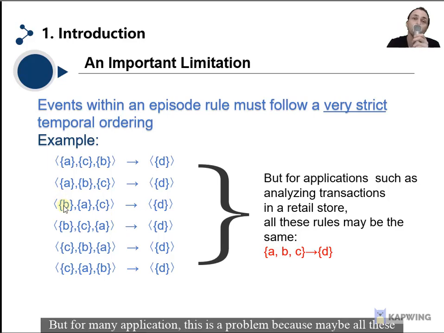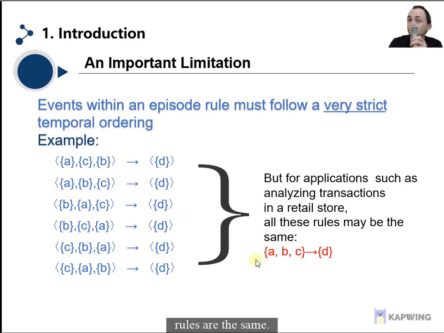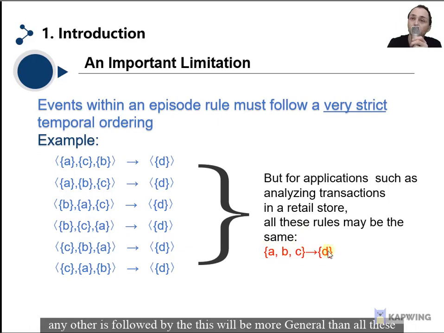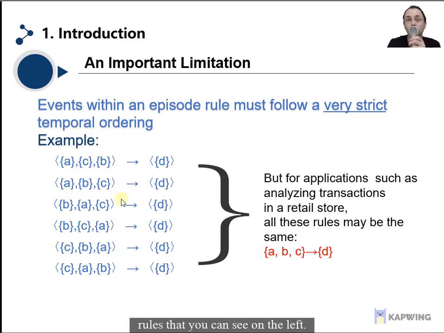But for many applications this is a problem, because maybe all these rules are the same. For example, we could define a more general rule, like ABC in any order is followed by D. This is more general than all the rules you can see on the left. So this is our goal in this paper.